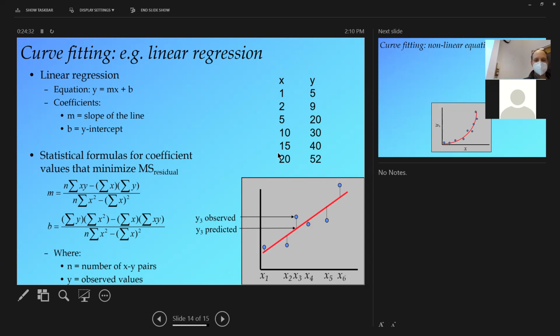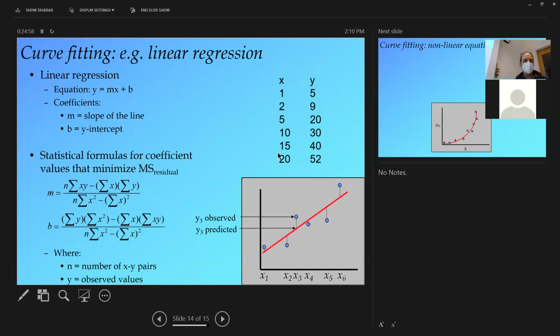But I'm just telling you, there are some basic formulas you can use for linear regression, and they'll allow you to calculate from your data. So this is a little data set here, and if we plugged it into these formulas, it would allow us to calculate a slope and an intercept for that line.